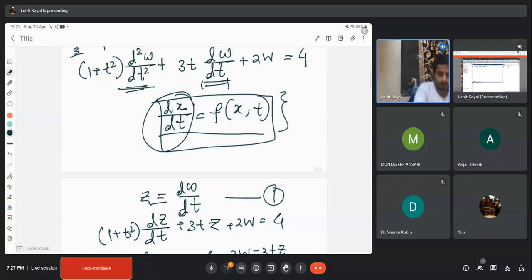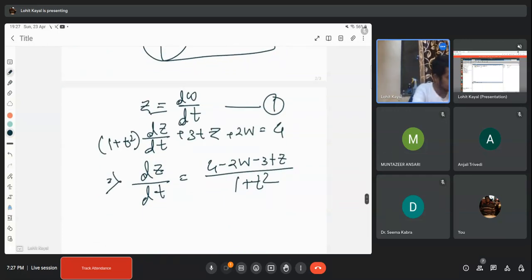Let me just finish writing, then I will explain. 4 minus 2 times x of 1 minus 3 times t times x of 2, divided by 1 plus t square.